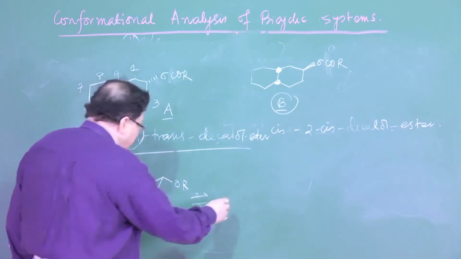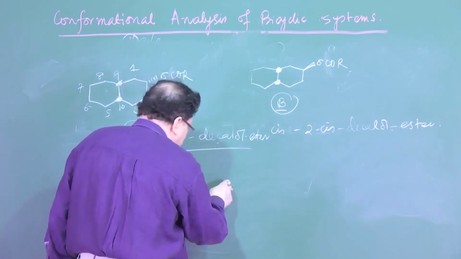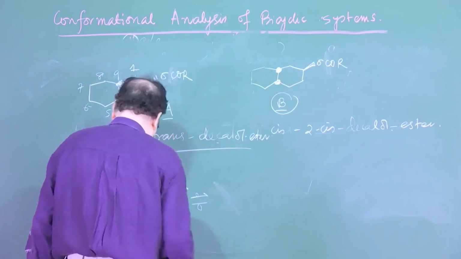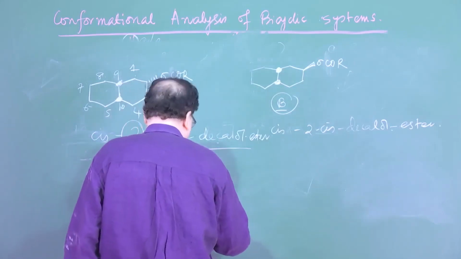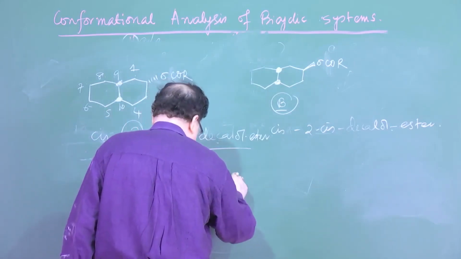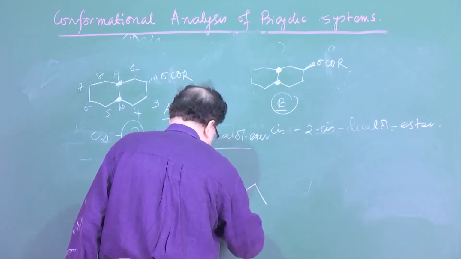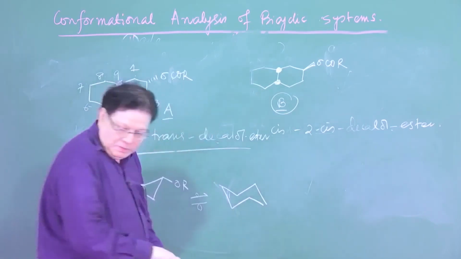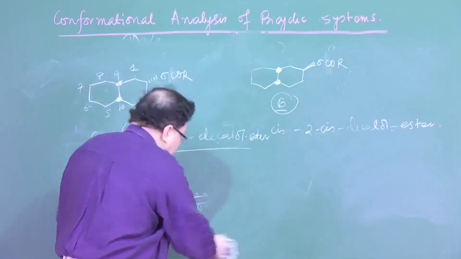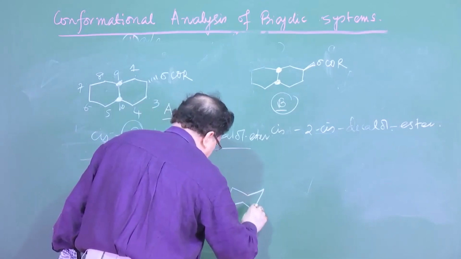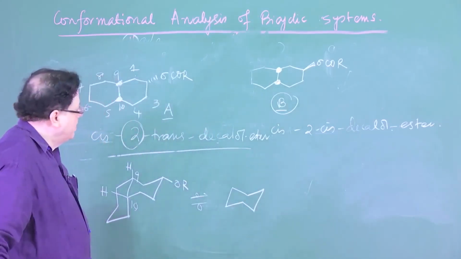So, you write the flip form now. I told you that flip form can be represented in a better way if you represent this in this way, okay.